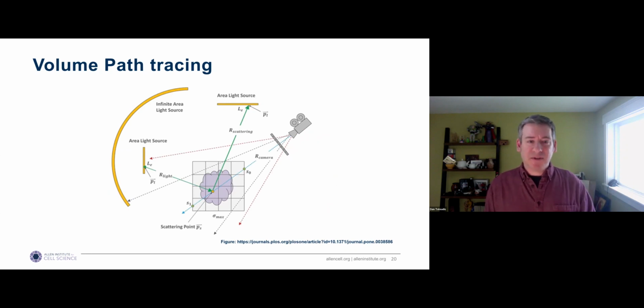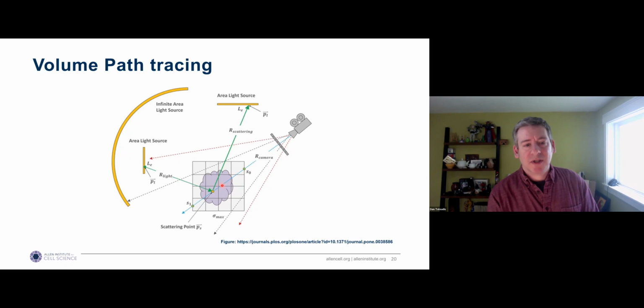And here is the specific version of path tracing that we use for volume viewing in our tools. So the strategy is that we're going to simplify this quite a bit. We're going to trace a ray, for example, this blue ray, and it's going to reach our volume. We're going to march it through the volume according to the ray marching algorithm, and we're going to sample intensities along the way. And we're going to do a stochastic evaluation as to whether a scattering event has occurred or not.